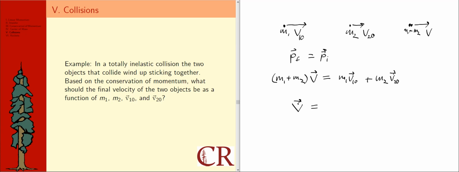But in this case, all I'm going to do is divide both sides by the total mass. If you just imagine that the vector symbols weren't even there, we'll do it as if it were like that. Dividing two sides of an equation by the same thing is something we all know how to do.